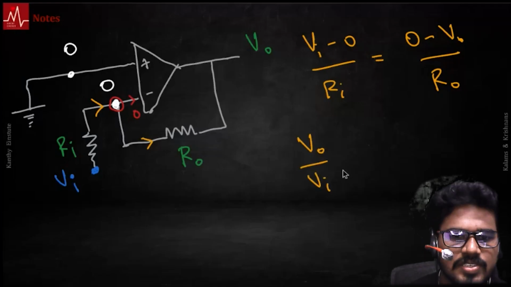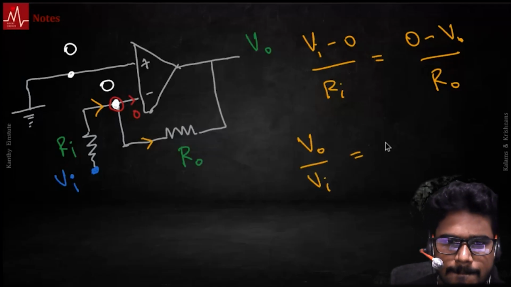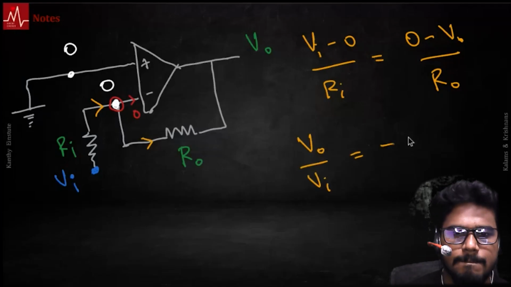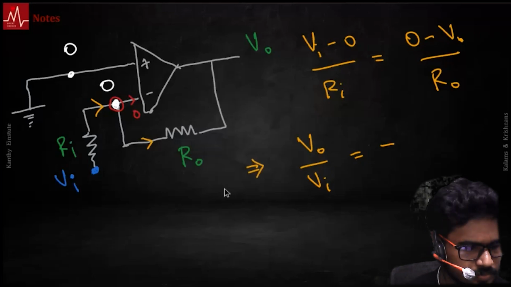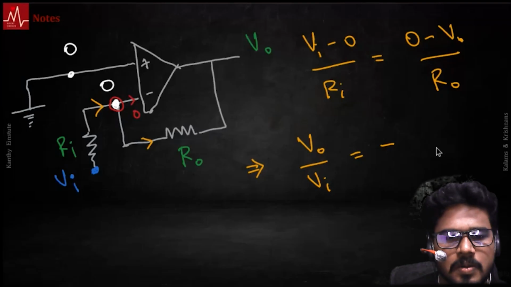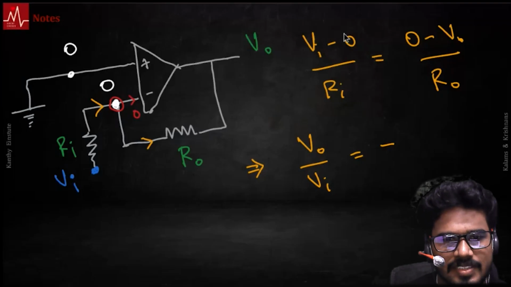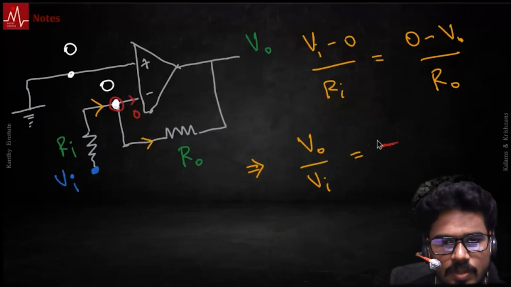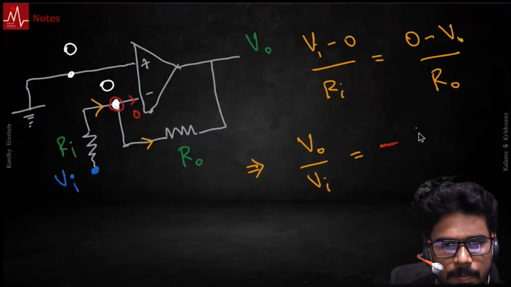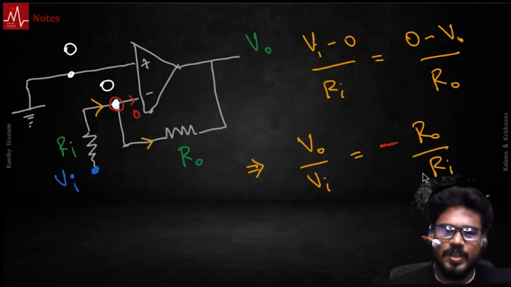Can someone simplify this and tell me what this is? This is 0. Take this R naught over here. V naught by Vi is negative R naught by Ri, or R2 by R1.